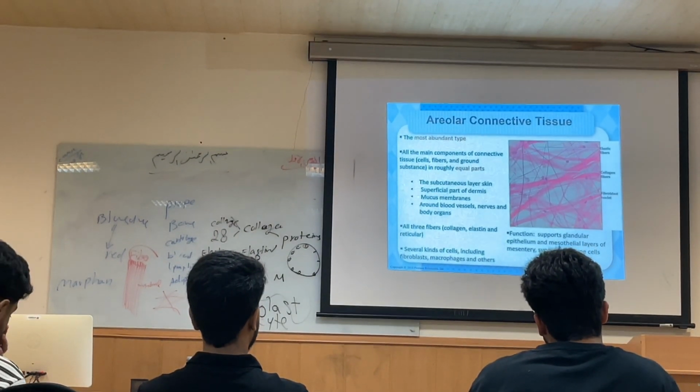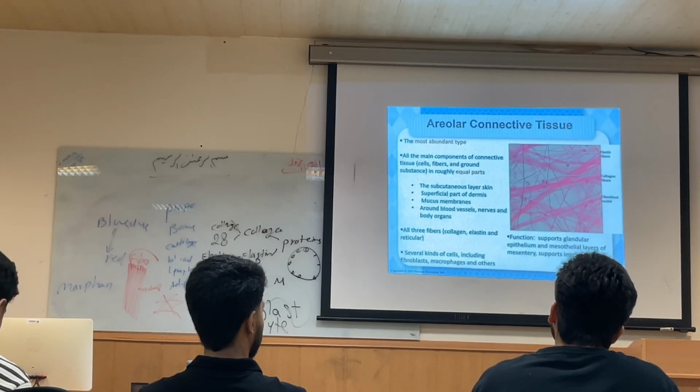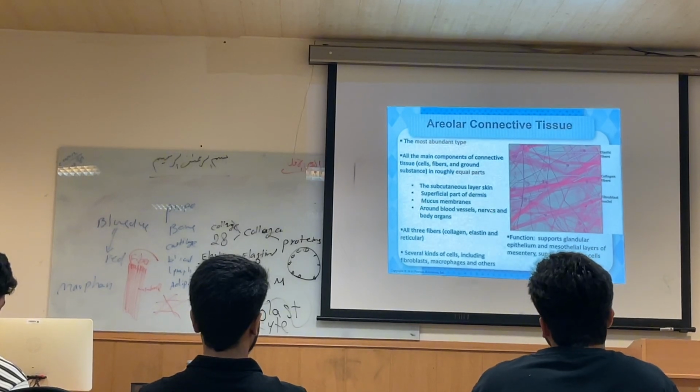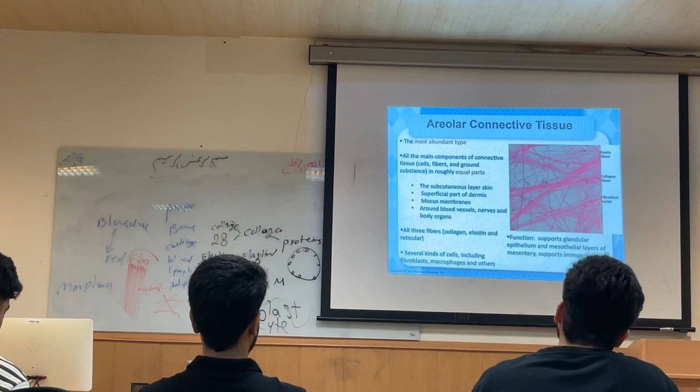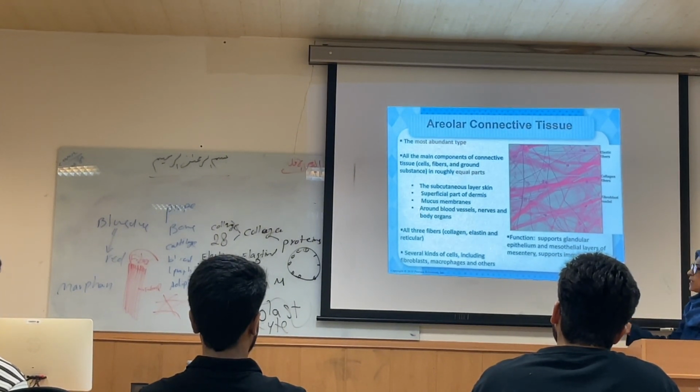The collagen fibers and reticular fibers are also there. Where are they? In the subcutaneous layer of the skin, which forms the superficial fascia, in the mucous membrane, and around the blood vessels, nerves and body organs.